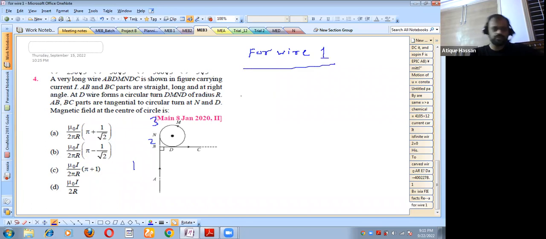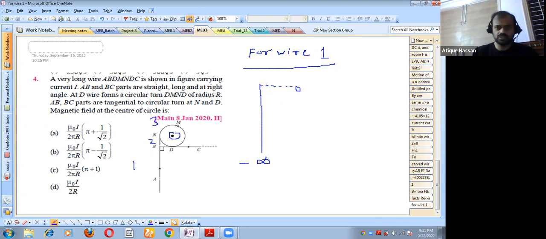For wire 1, we have to find the magnetic field at this center point. So basically the situation will be like this: a very long wire from infinity, and the center is at its end, and the radius of the circle is r.